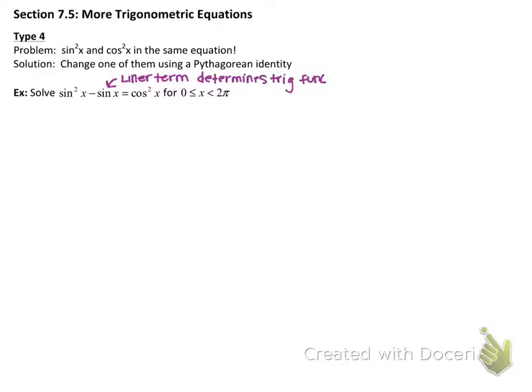So the first thing I'm going to do here is change cosine squared, since it needs to be in terms of sine, into 1 minus sine squared using my Pythagorean identity. So we have sine squared x minus sine x is now equal to 1 minus sine squared x. I'm going to set this equal to 0.